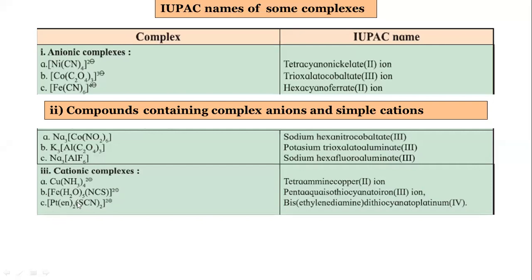The complex is written in the bracket, platinum en2, SCN2 and 2+. It also has 2 different types of ligands. We have to check alphabetically which comes first. Now ethylene diamine, but there are already 2 ethylene diamine, so the prefix bis we have to attach here.